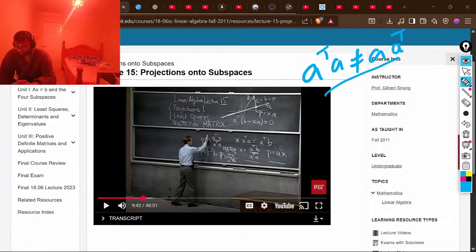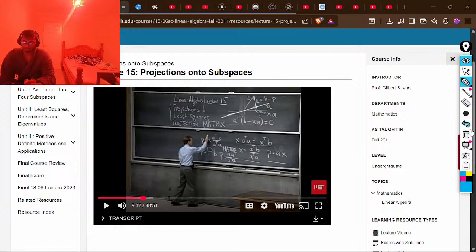So the bottom one will be a full matrix, and this will be a different matrix. Let's say A1, A2, or something like that, because the order matters again. Okay, bro.